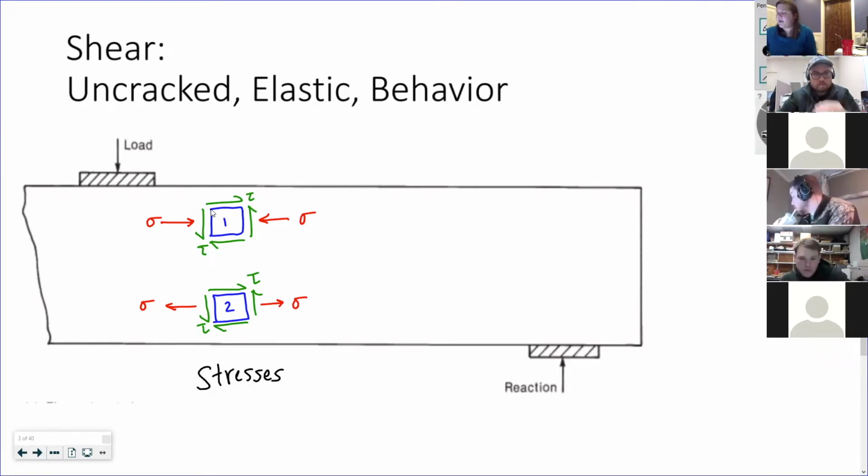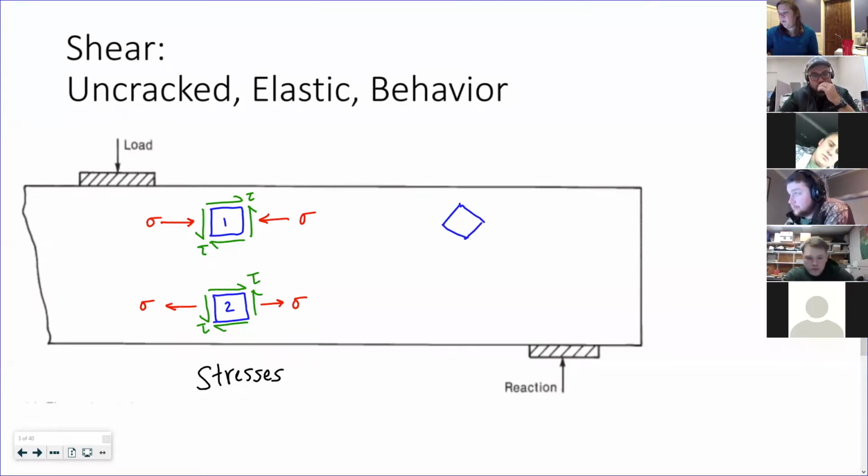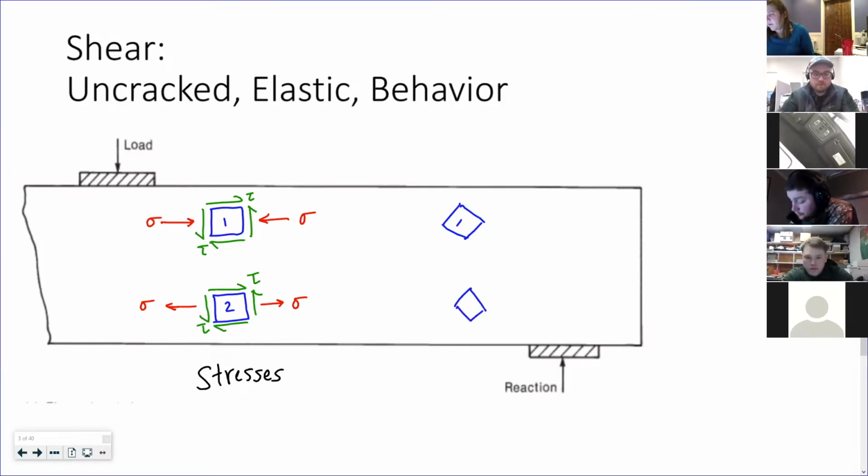And if I rotate my elements 45 degrees, clockwise on the top one and counterclockwise on the bottom, if you've been studying Mohr's circle at all, you know everything translates.